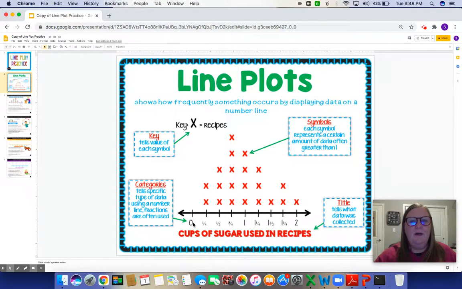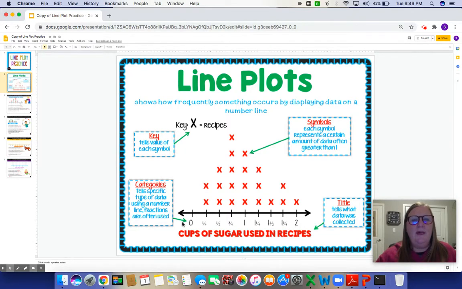Then down at the bottom, underneath this long line plot line, and we know it's a line because it has arrows on both ends. That means that a line goes on forever and ever in both directions. So underneath there are the numbers 0, 1/4, 1/2, 3/4, 1, 1 1/4, 1 1/2, 1 3/4, and 2.